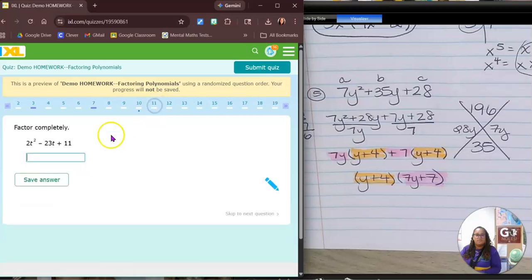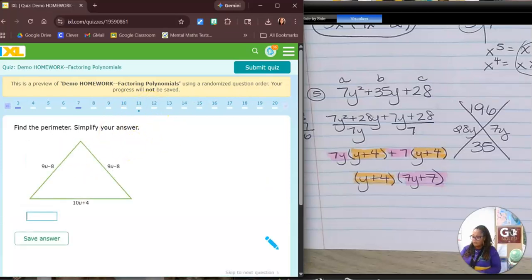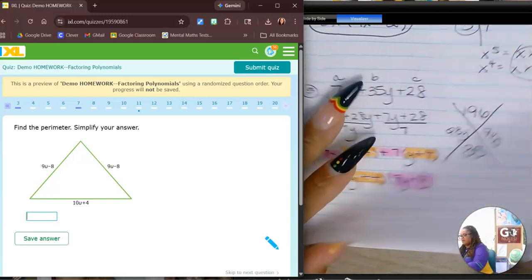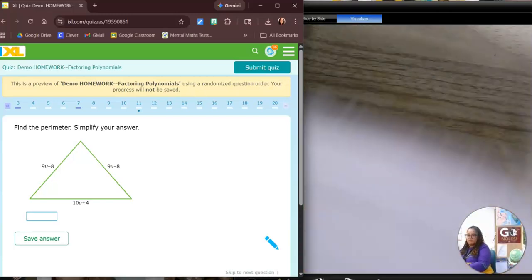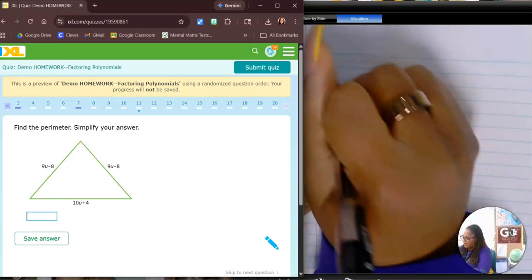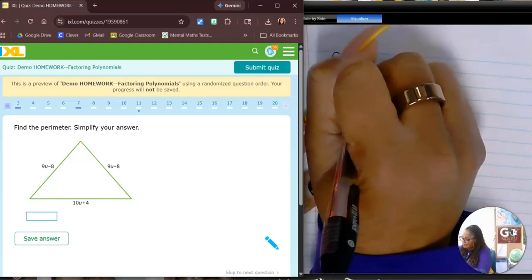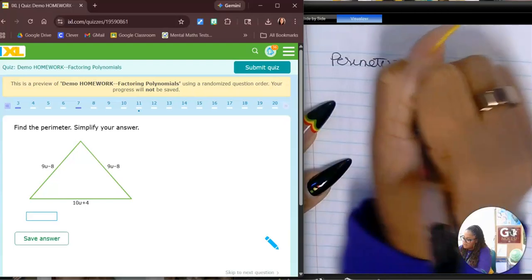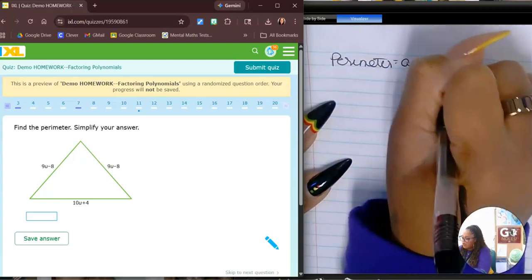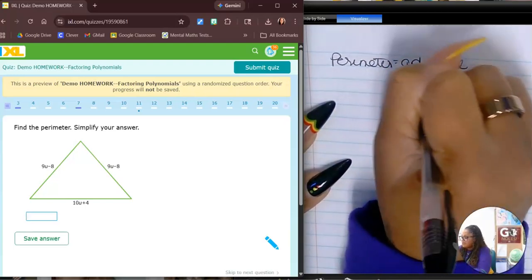Okay, let's proceed to do more. That's another factor completely. Oh, the perimeter ones. These are great. I love these because you will see something like this on the test. So this is where you add perimeter. Perimeter means add all sides.